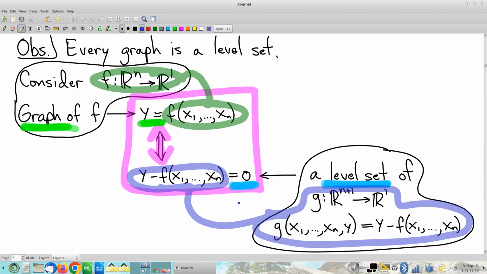Again, deceptively simple. Don't make the mistake, by the way, of forgetting that the function whose graph we were given is different from the function whose level set is equivalent. Right? f and g are different functions. f, for example, is a function of n variables, x1 through xn.